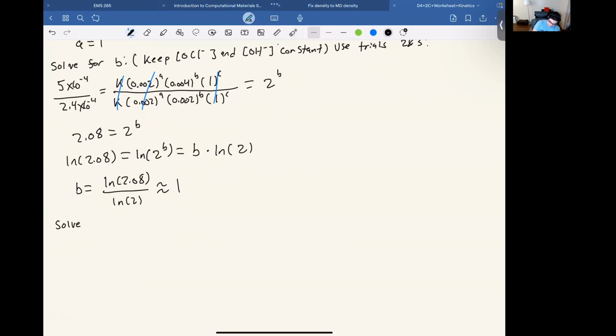And then solving for C, we're going to go ahead and keep I minus and OCl minus constant. And then for this, we're going to use trials, I think it's 3 and 4.